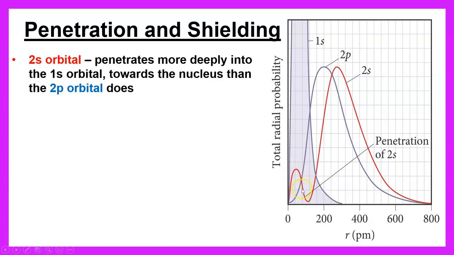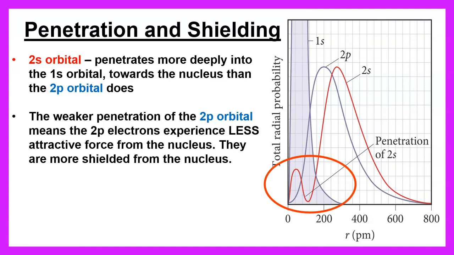We have more probability of finding that electron in here close to the nucleus than the 2p one does. That means that those p orbital electrons are experiencing less attraction to the nucleus. And they're going to have more shielding, aren't they? This penetration here shields a little bit.